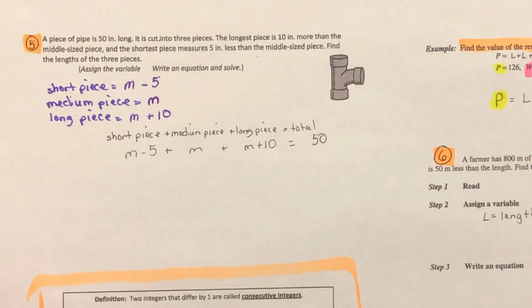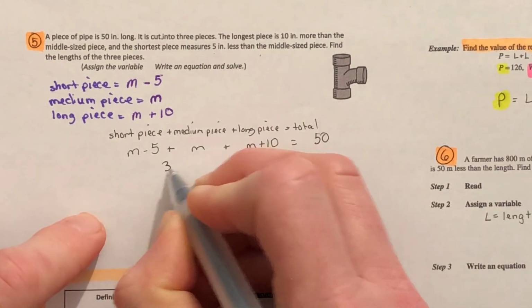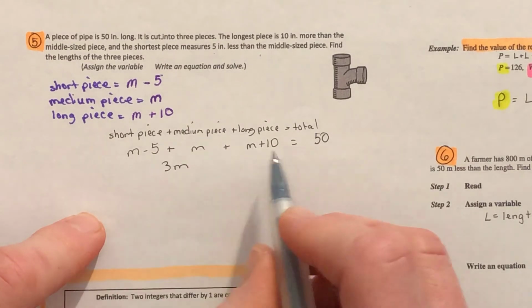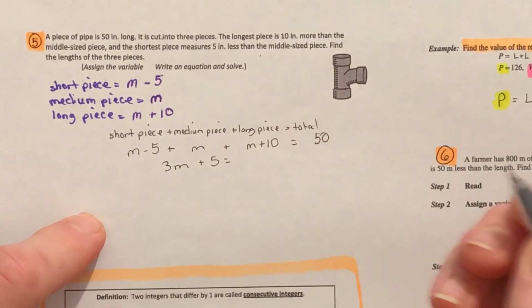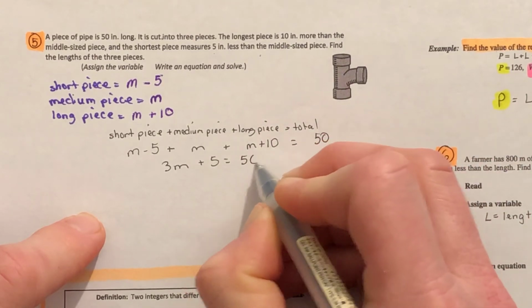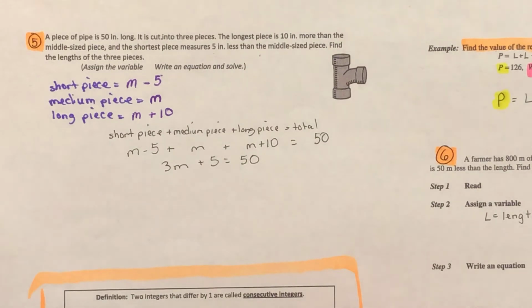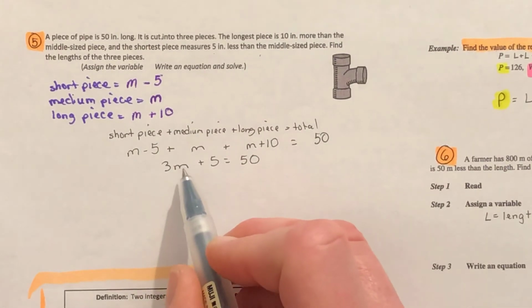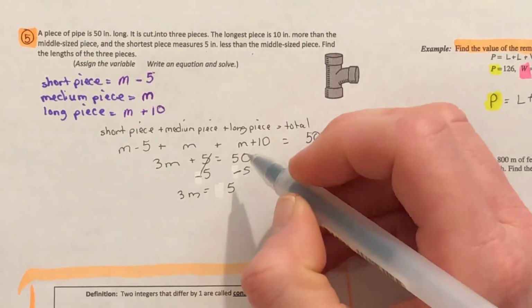First thing we'll do is go ahead and combine all of our like terms. M, so we've got 3 M's. Negative 5 plus 10 would be plus 5, equals 50. There. Now that we've simplified it as much as we can, let's isolate the variable term. We subtract 5 from both sides.